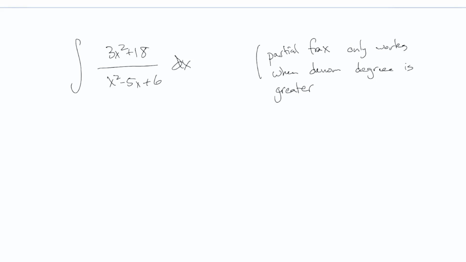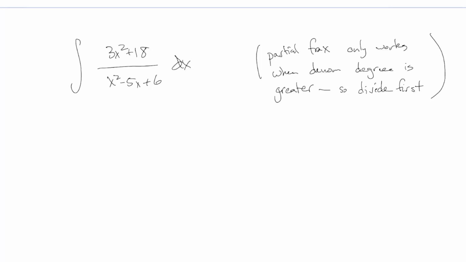So we cannot do partial fractions directly on this example because the denominator degree is equal to the numerator degree in this case. So I'm going to divide first. And that's the point of the long division trick. After you do the long division, you get that remainder part, and in the remainder part, the numerator degree really is less than the denominator degree. And so you can do partial fractions on that.